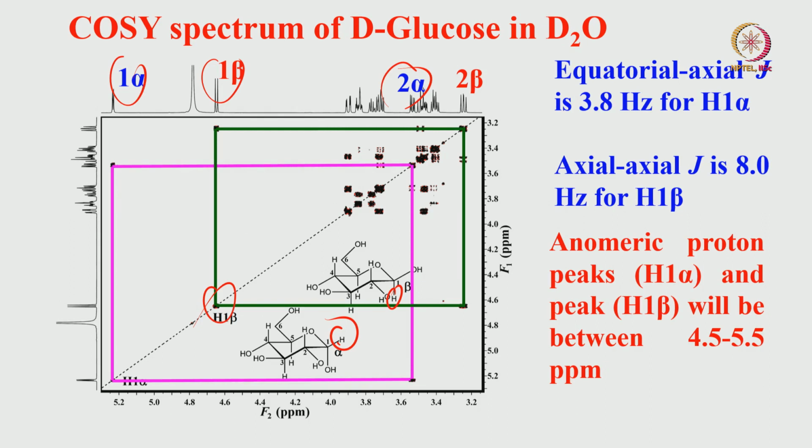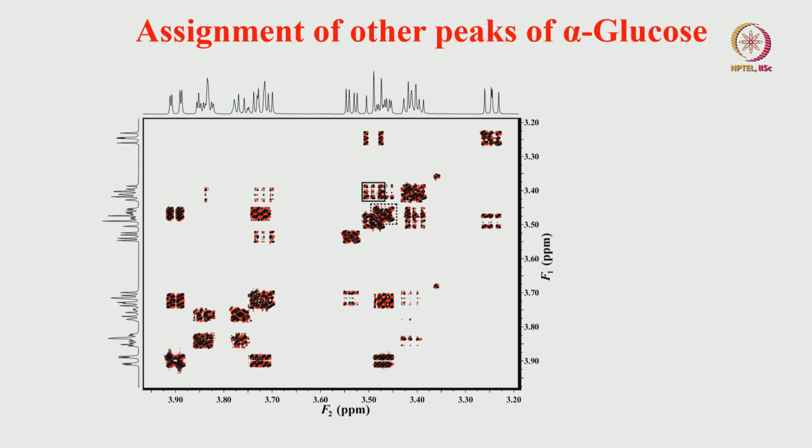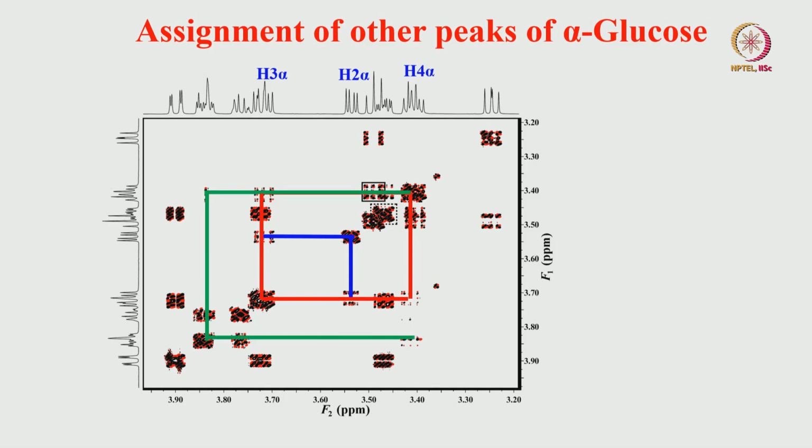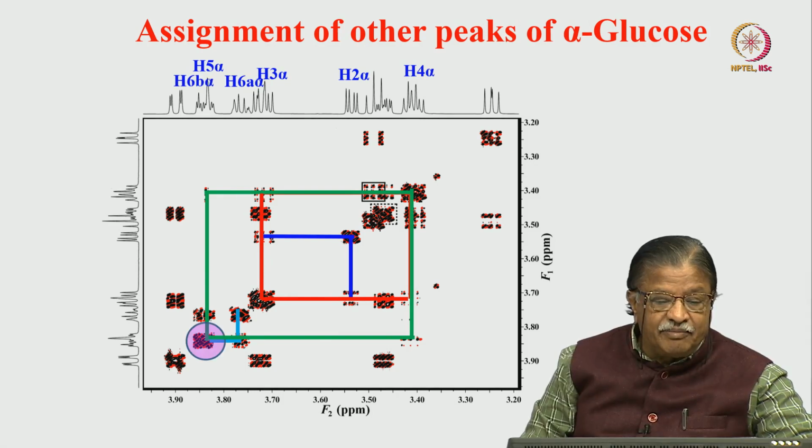That is why I said you should remember axial coupling is larger than axial-equatorial. This is the important concept you have to use while making the assignments. So now we know alpha 2; complete with 2, go here, complete 3 and go down, and this is 4. Then complete this square, this becomes 5, and from this you have 6, and then 6 of alpha and beta.